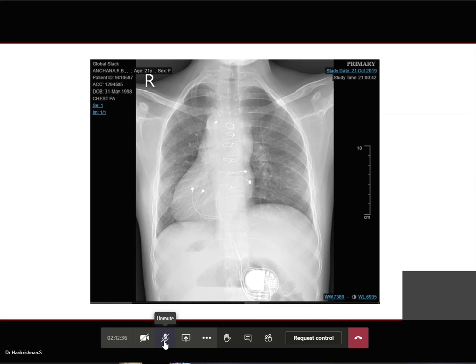So what is the epicardial pacing? What is the difference of this epicardial from the usual epicardial leads? Usually, where is it paced? Have you seen epicardial leads? RV. So here, where is it paced? Both in the atrium and the ventricle.